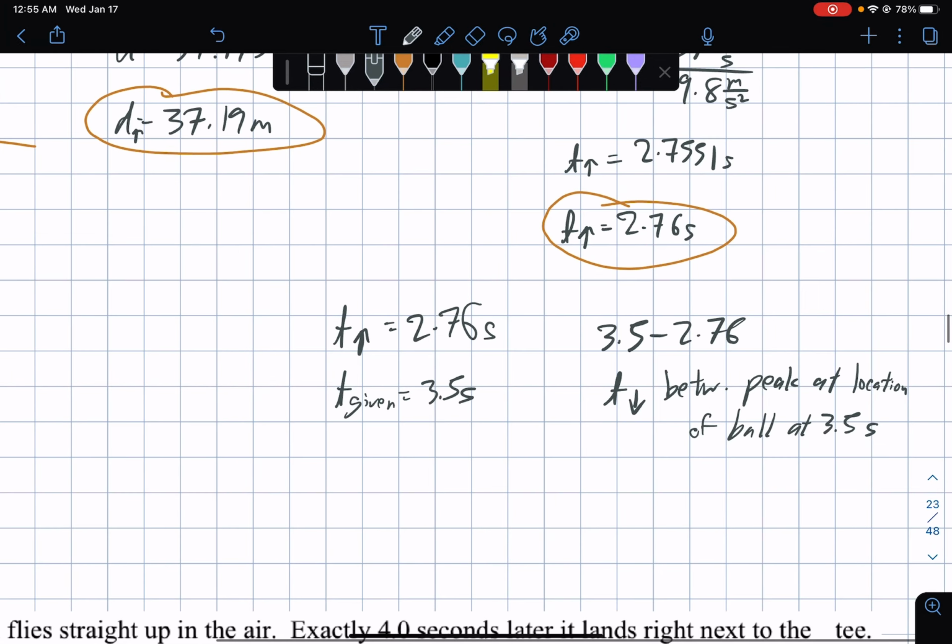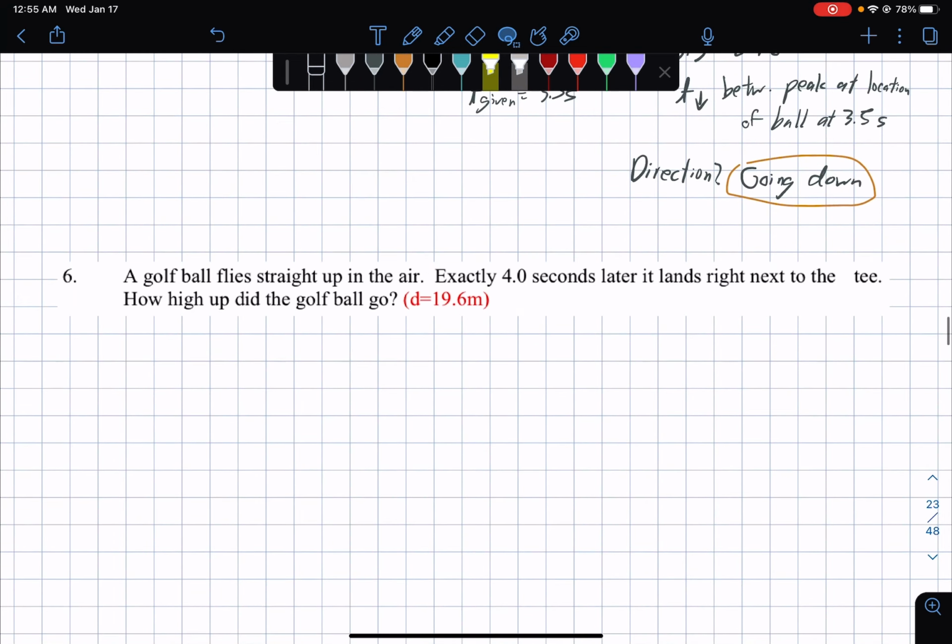So yes, the direction is going down at 3.5 seconds. So yeah, we solved it. Let's move on to number 6.